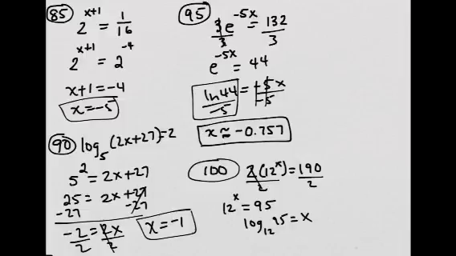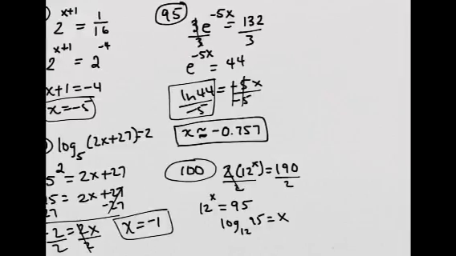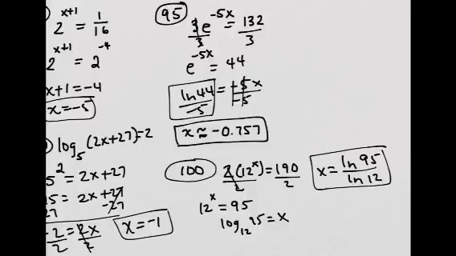This would be the exact value, or if you do change of base theorem, it would be x equals natural log of 95 over natural log of 12. Remember, you can do natural log or you can do common log, and then this would be the exact value. So the approximate value, okay, so here's the approximate value right here. When you plug it into the calculator, this is what you get.